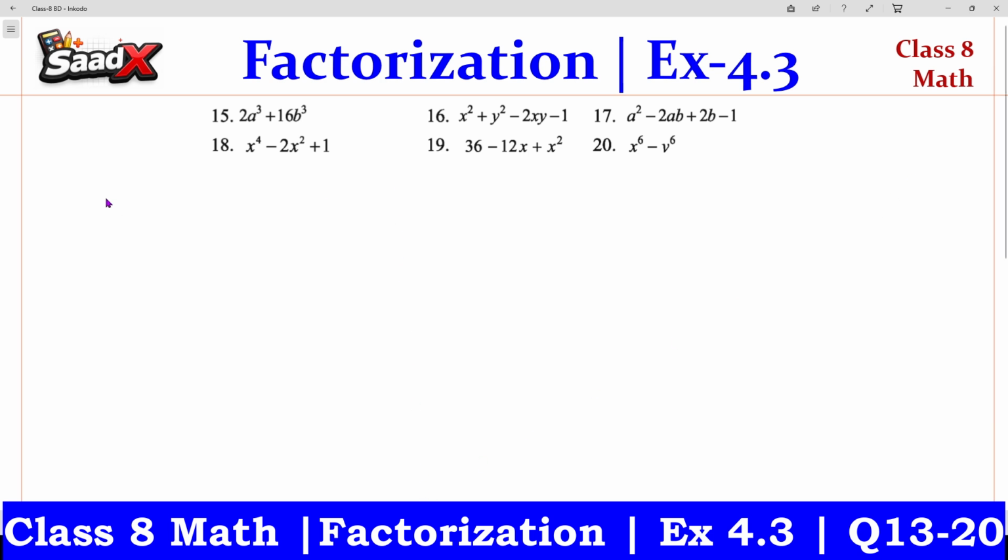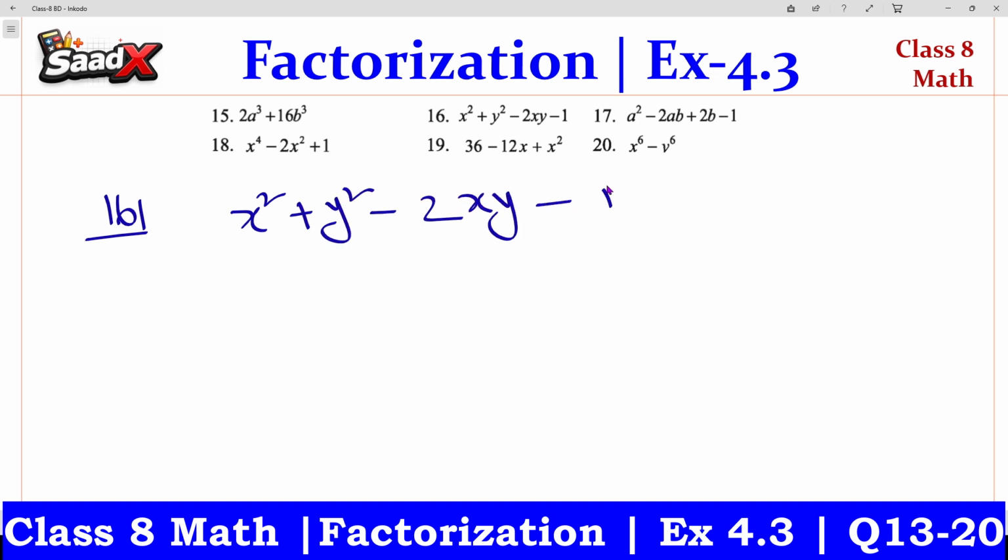Number 16. x square plus y square minus 2xy minus 1. So here is xy, right? This one we can write x square minus 2xy plus y square and minus 1.